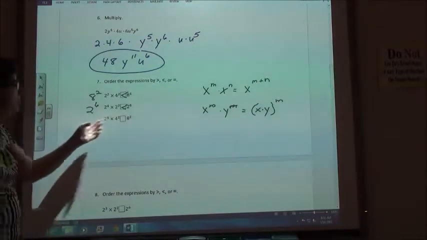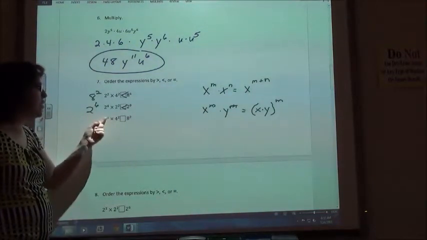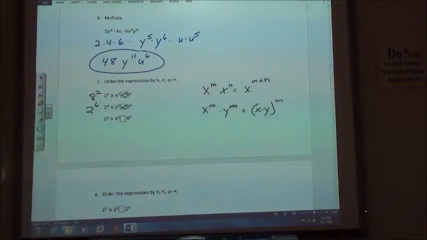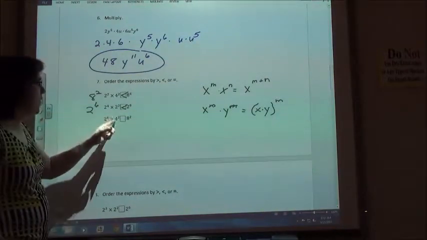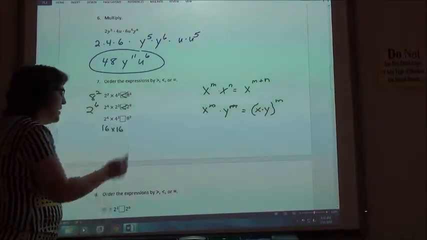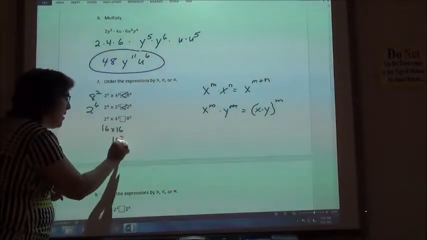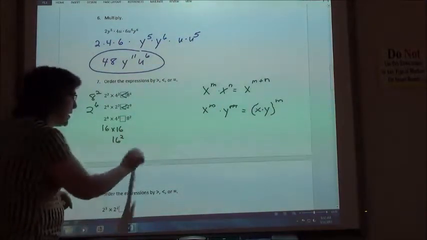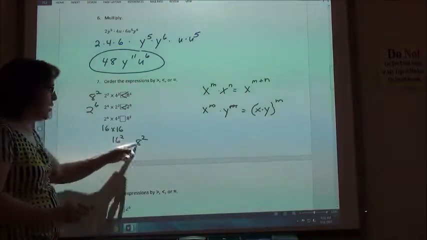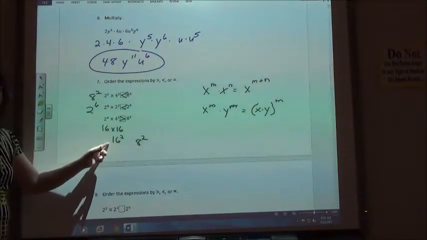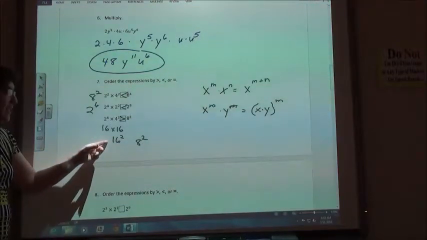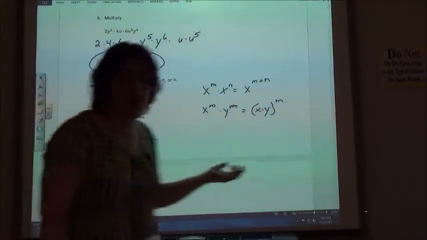Now on this other one where you don't have a common base and you don't have a common exponent, basically you just have to figure it out. 2 to the 4th is 16. 4 squared is also 16. Well, that's going to be 16 squared. 16 squared compared to 8 squared, well, 16 squared is definitely bigger than 8 squared. You could even go farther and use your calculator to figure out what 16 squared is and what 8 squared is.